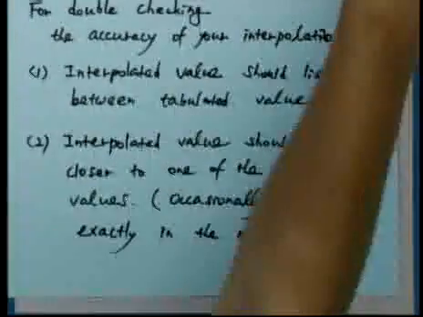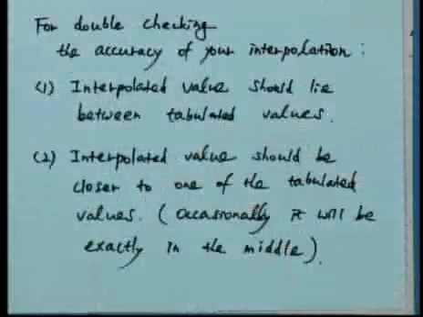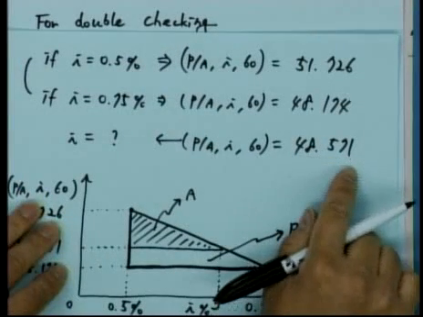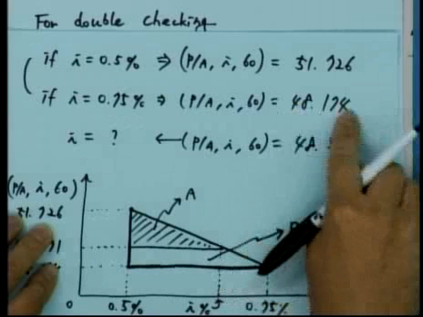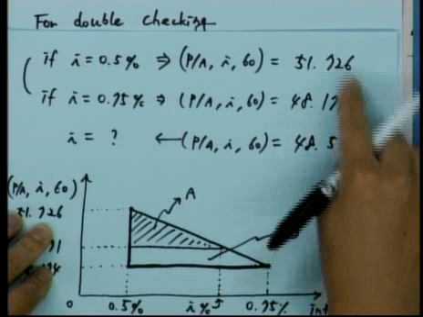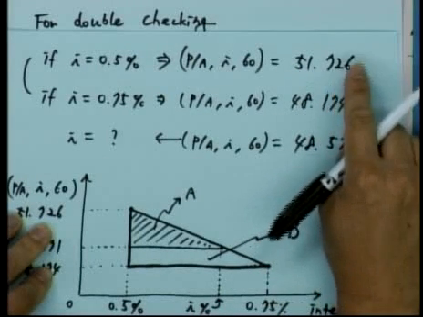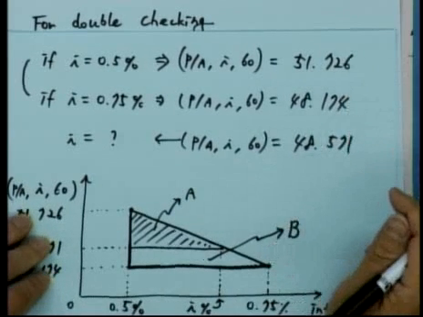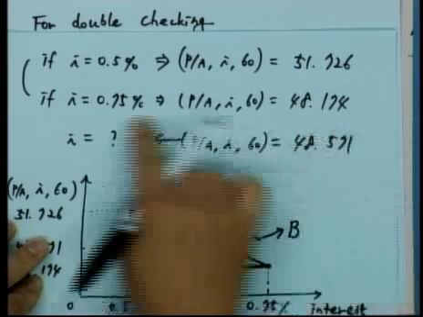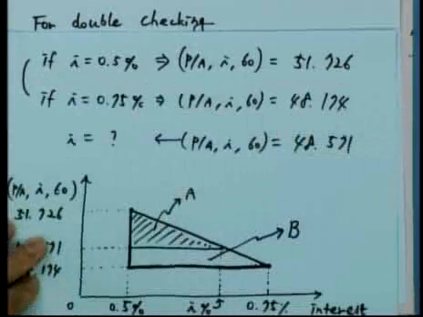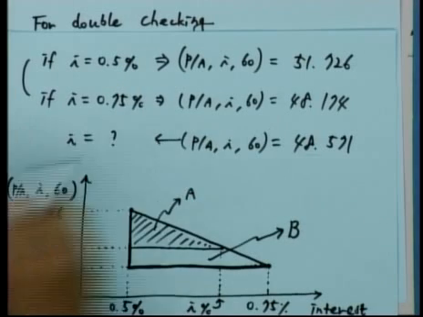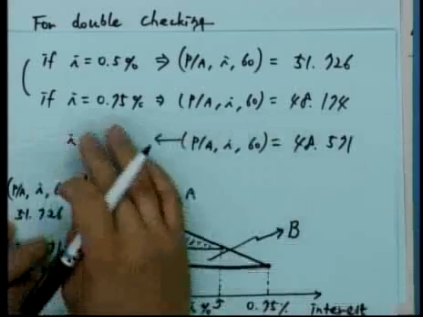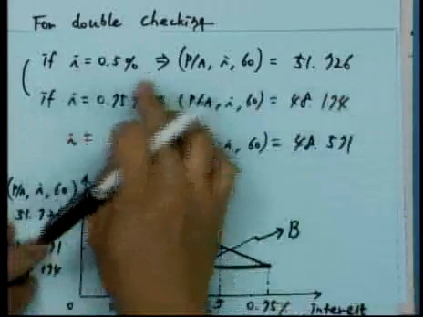Okay, so in our example, this value 48.571 is closer to 48.174 than to 51.726. So the interpolated value is closer to the tabulated value for 0.75 than to the one for 0.5 in this case, right?